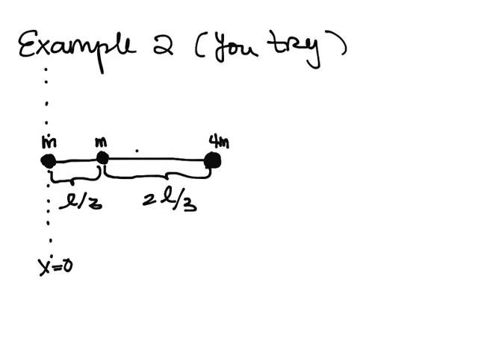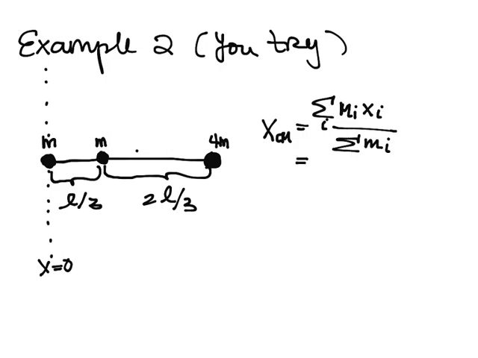Okay, so go ahead, try to do that by yourself, and then unpause the video and try to get the answer. Okay, so now that you have tried that, we're going to calculate the center of mass. And remember that xcm is equal to adding up over all of our objects, the mass of our object times the position of our object, divided by our total mass.